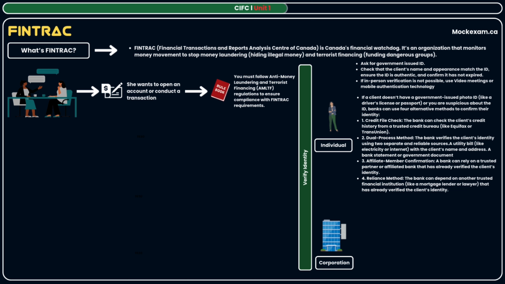The third alternative method is affiliate member confirmation. What do I mean by this? A bank can rely on a trusted partner or affiliated bank that has already verified the client's identity. Let's say you work at RBC and your client has a history with TD. I mean, TD has verified your client.